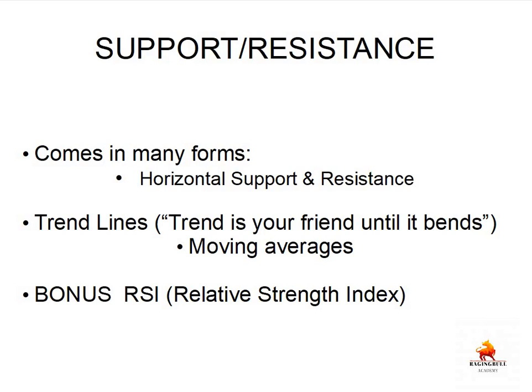Okay, and a bonus that I'm teaching you here, I wasn't planning to put this in, but I thought why not, since I'm teaching you all of this, let's give you guys another indicator where you can make a very informative decision when it comes to taking a trade. So I'm going to go through that with you. Let's start with support and resistance.